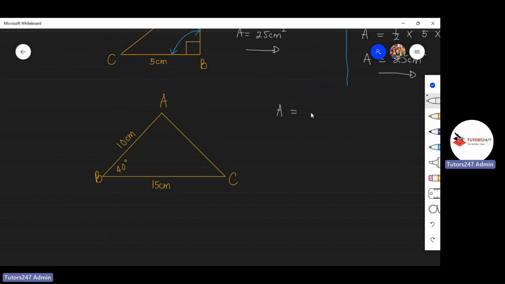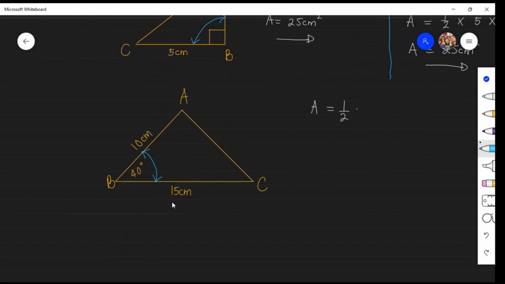So our area formula is going to be area equals a half times... Now we need to figure out which sides we are going to use. So we draw an arc around our angle, and we draw arrows at the end of that arc. The arrows are going to point to the sides that we are now going to use.